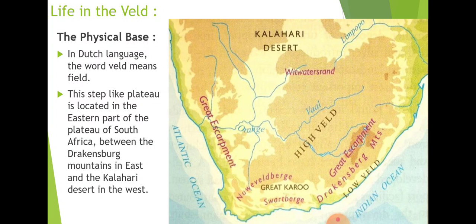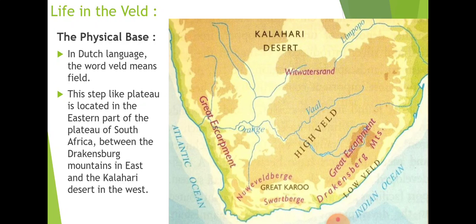So now you can understand why it is known as a step-like plateau. Because it has three steps: the first is the high veld, the second is the middle veld, and the third is the low veld, according to their height from the sea, that is why they are denoted as steps.